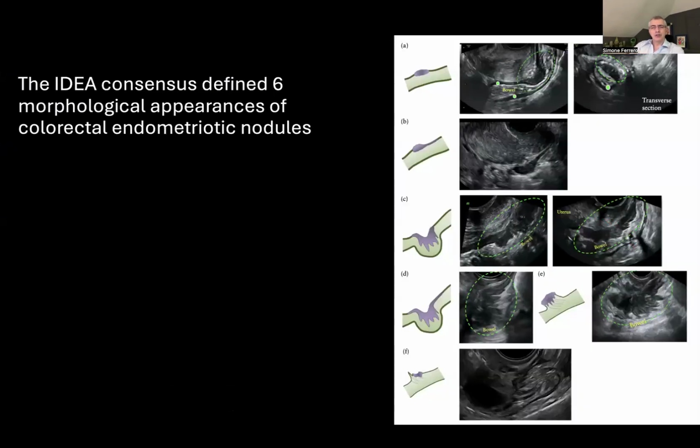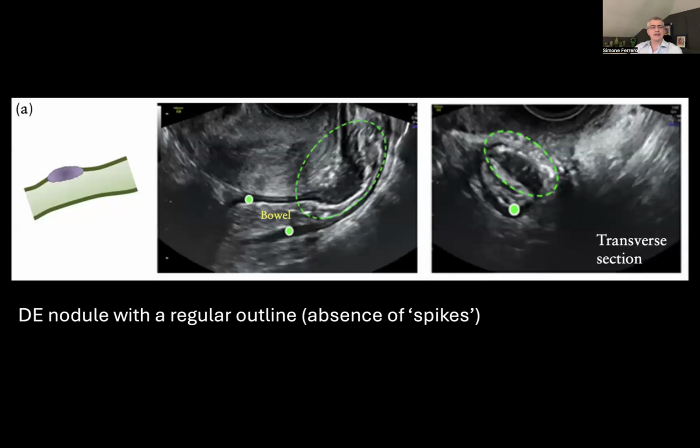If we consider the IDEA consensus, we must be aware that there are 6 different morphological appearances of colorectal endometriotic nodules, and therefore I will try to provide a brief description of these 6 different cases.